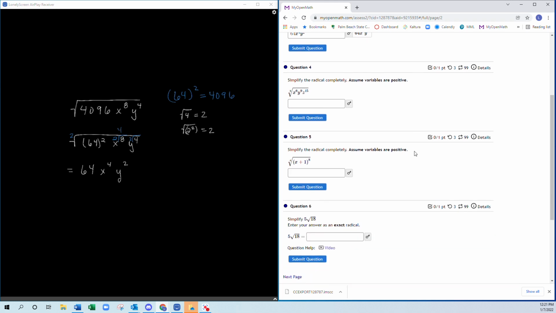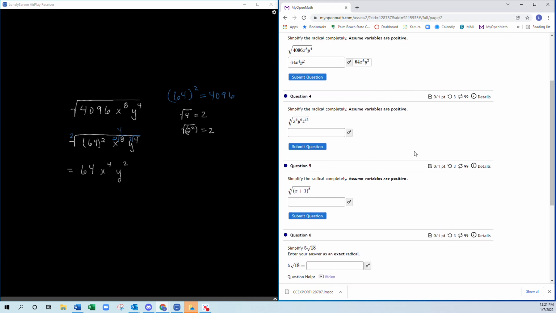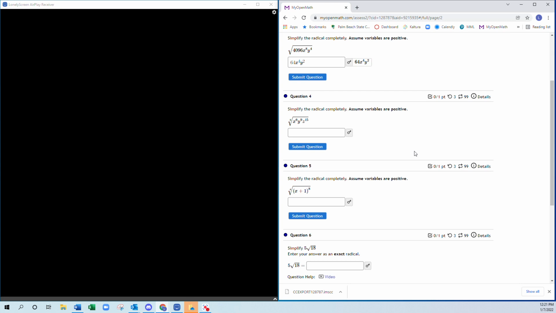Now, if you'll notice as I'm looking at question 4 here, it's a little bit different because the index of the radicand changes. So now I have the cube root of x to the 6th, y to the 9th, z to the 15th. And again, all I'm doing here is dividing the exponents. I'm asking myself, how many times does the index on the outside divide evenly into the exponent?